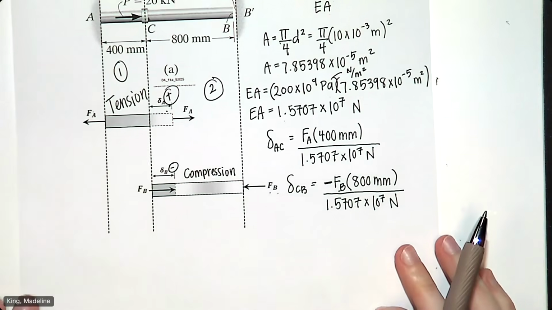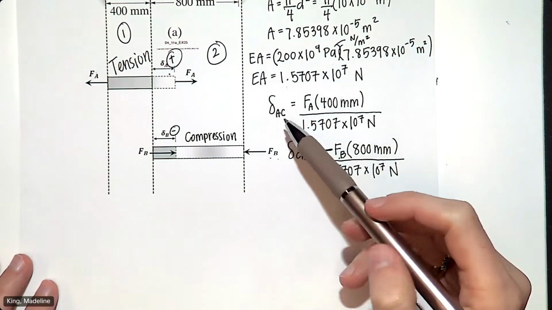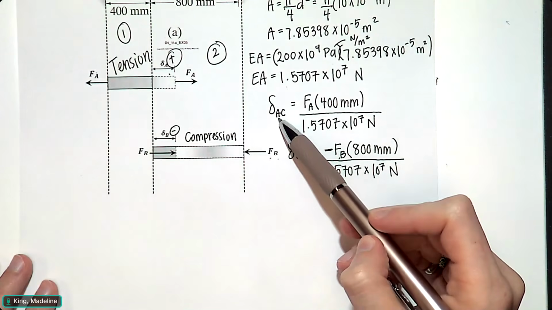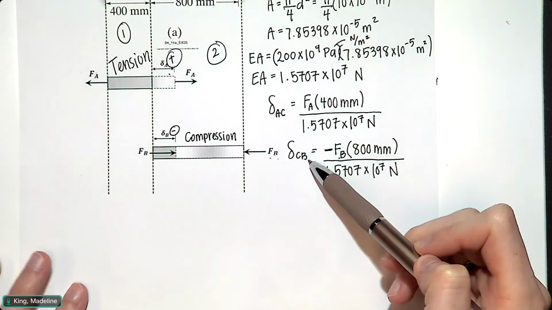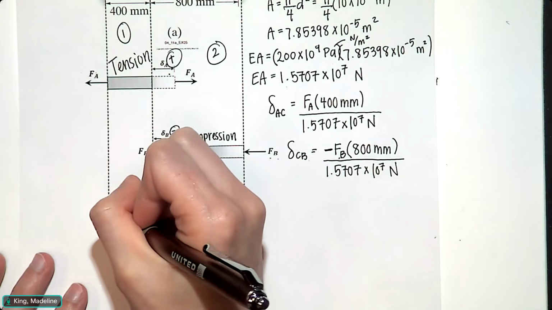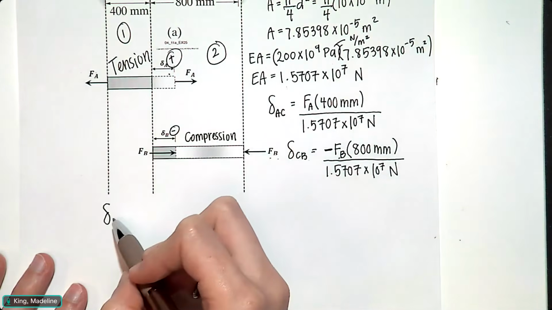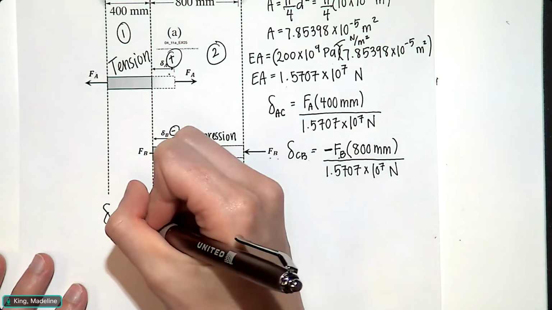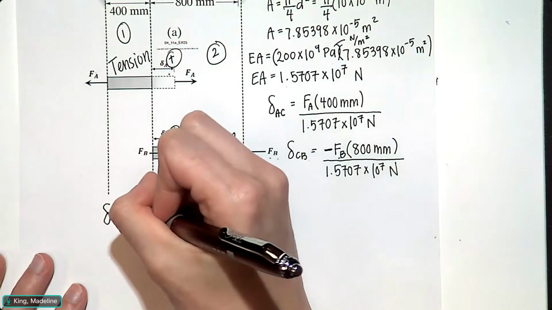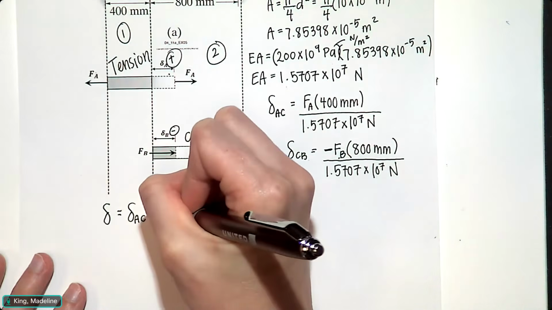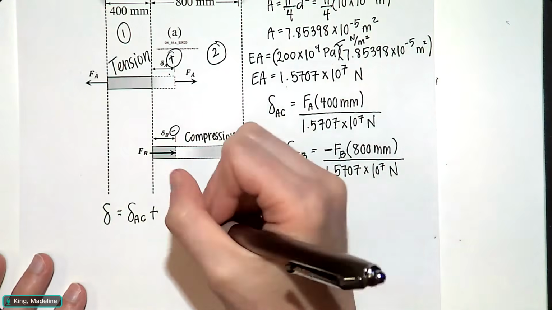All right. Now we need an equation that relates delta AC and delta CB together. That will just be the total displacement. So I'm just going to write it as delta is delta AC plus delta CB.